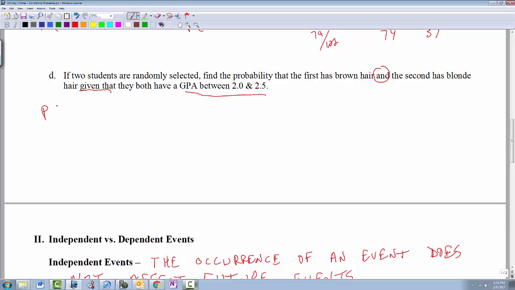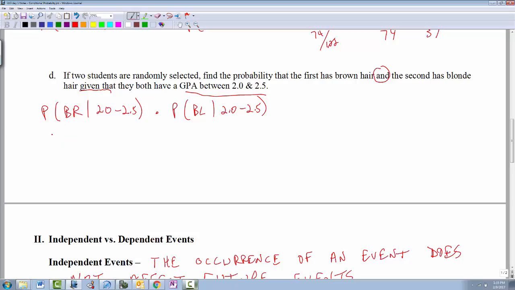Okay, so what we need is the probability of Brown, BR, given that they have this GPA, and, what's the word "and" mean? Times, right? Probability of blonde, given that they're in this list. But the second one depends upon the first one happening, so it affects their numbers. It's kind of putting those 2 things together.